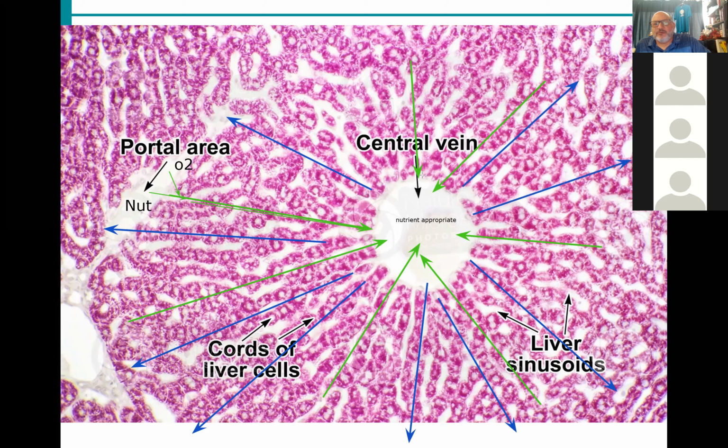So you have bile moving in one direction and blood moving in the other, but remember, they're not flowing through the same channels. The blood is traveling through the sinusoid capillaries and the bile is flowing through the bile canaliculi. So it's not like the two streams are crossing, they're passing in different structures and going in different directions. Did that answer your question?